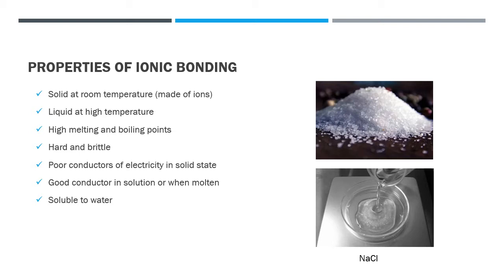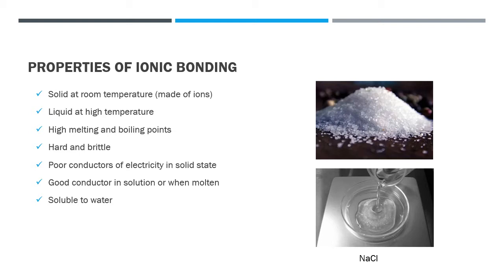Here are the properties of ionic bonding. Ionic compounds are solid at room temperature and liquid at high temperature. They also have high melting and boiling points. Ionic bonding often gives hard and brittle properties.